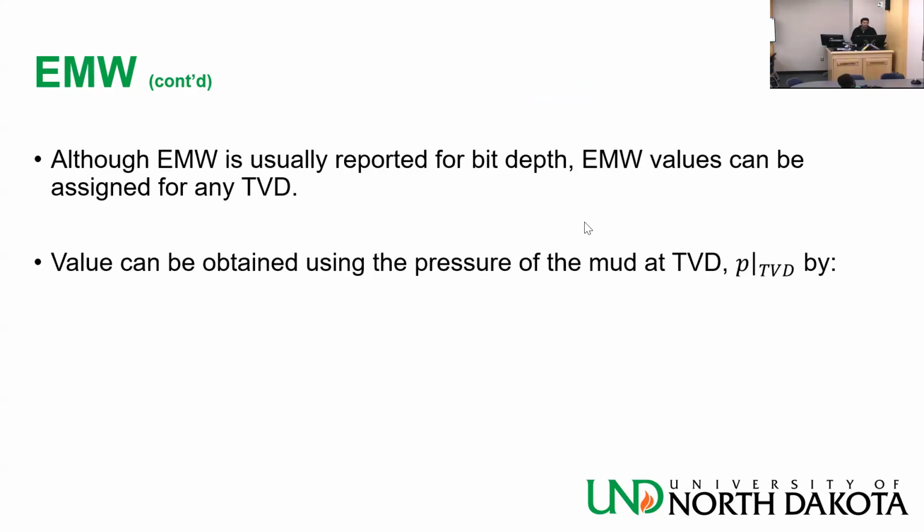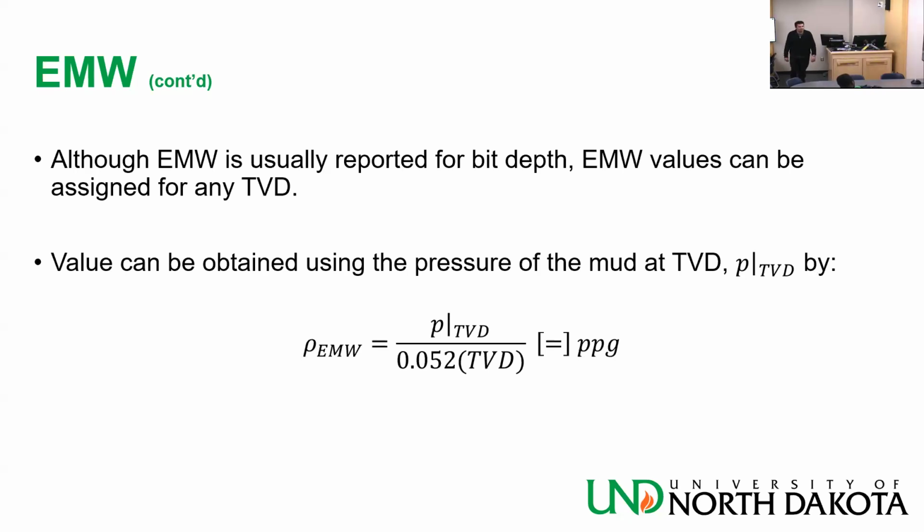Values can be obtained using the pressure of the mud at that TVD, and TVD can be any TVD. This is the equation I mentioned earlier, I gave you the official equation before for the bit depth, but at any depth you can use that equation. Basically, you take the pressure at that point and you convert that to density equivalent, period.